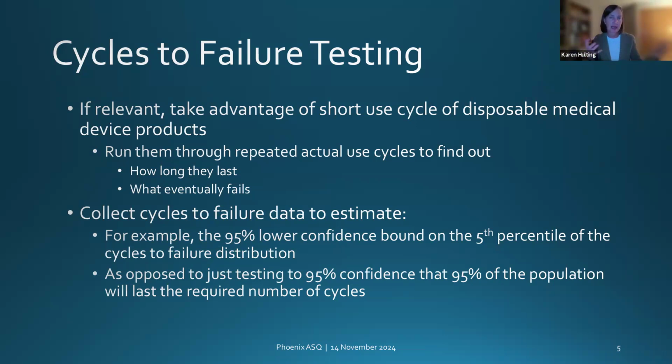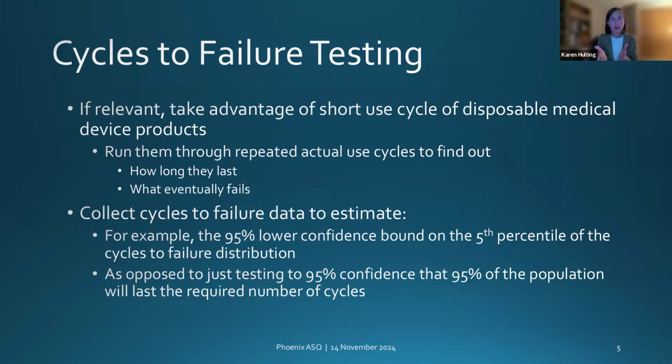It's not a capital equipment kind of product. And so we can take advantage of this short use cycle, and we can run this catheter through a clinically relevant set of use cycles over and over and over again until it fails.